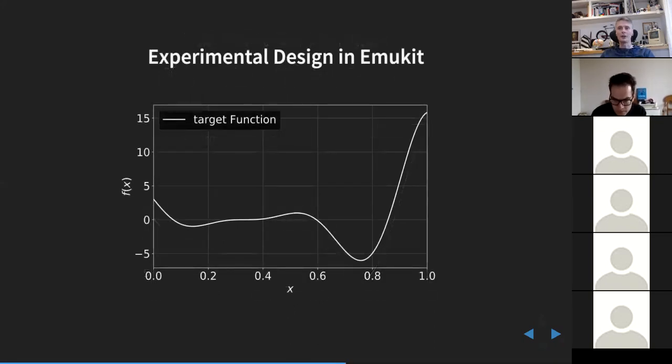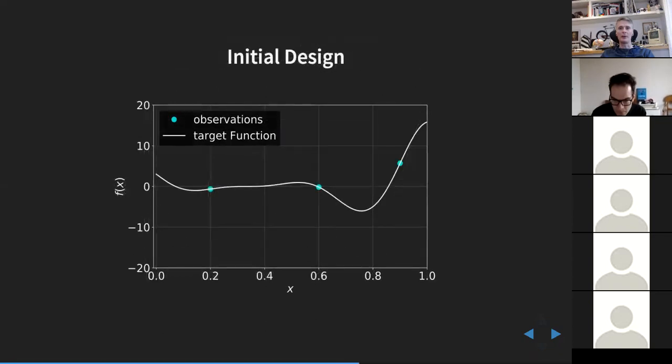What I want to look at is experimental design in EmuKit, and that's what you'll do in the lab sheet, the worksheet. We're going to look at the Forrester function, and instead of trying to find the minimum of this function, in experimental design we're just trying to find as much information about this function as possible.